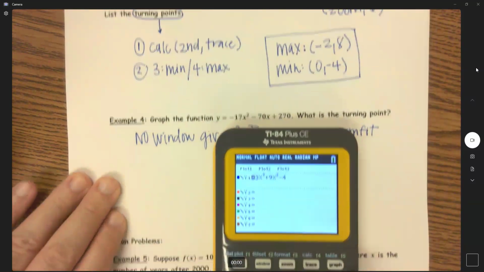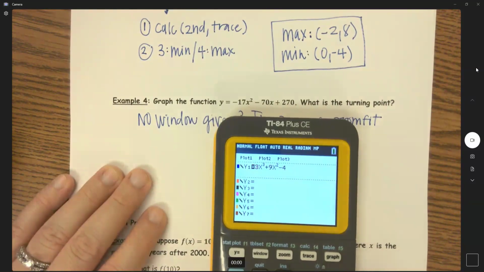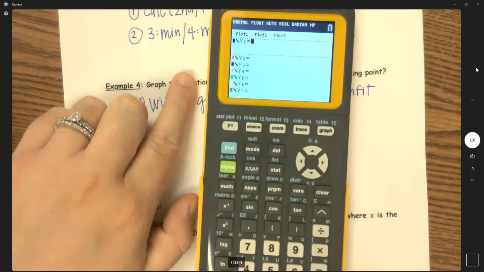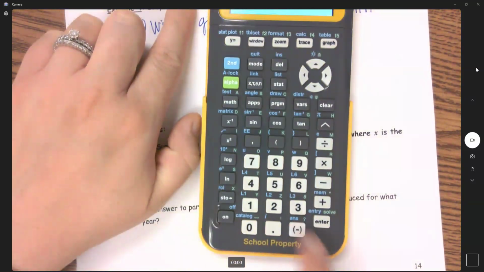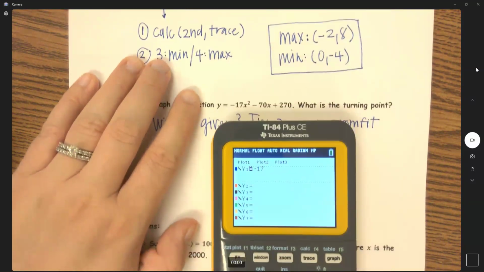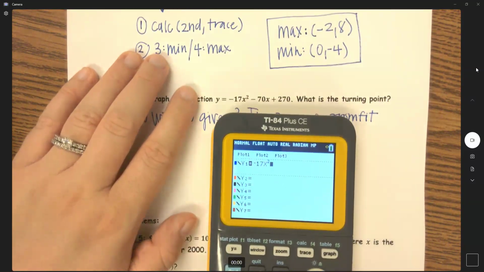And we're going to get real familiar with that zoom 0 as we go further in the class. So I'm going to go to y equals, clear this out, and type this in. So when you have a negative out front, make sure you start with negative 17 x squared minus 70x plus 270.